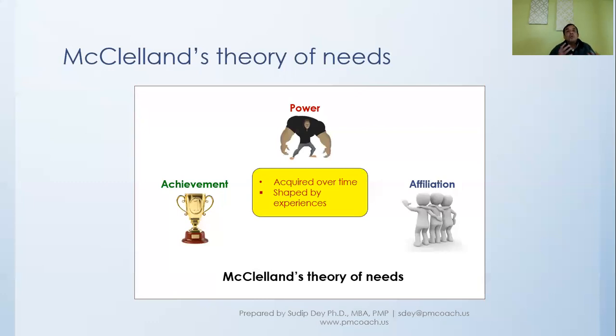Now, when you look at a team member, if you can understand the dominant need, you will be able to provide them activities and tasks that suit their need. And that is when you will get the best output. So this is how McClelland's theory of needs can be helpful.